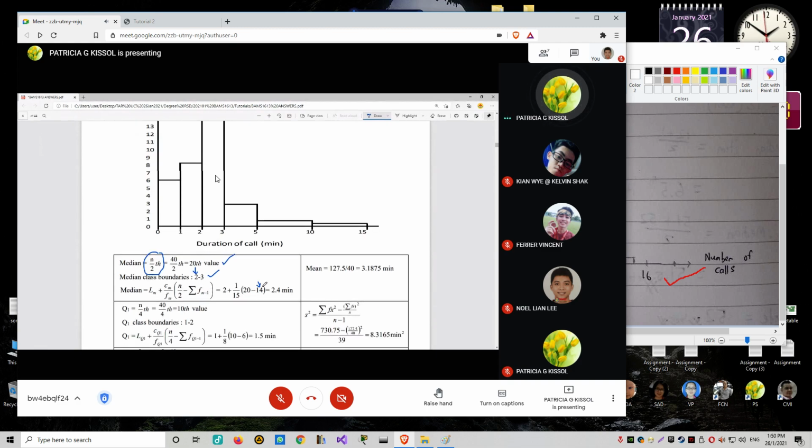That's the value 14 there. You have to use your calculator: 20 minus 14, you get 6. 6 times 1 over 15, then you plus 2. That should give you 2.1 minutes. That's your answer. Is that clear?